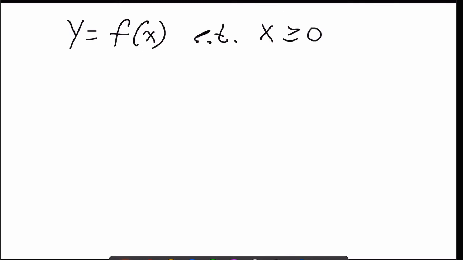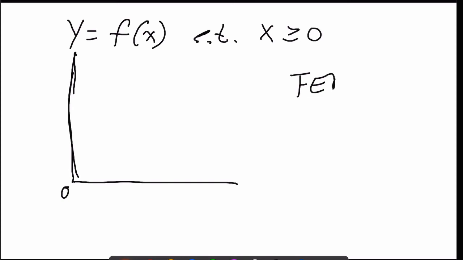And so what we're saying is that we have what's called a feasible space.